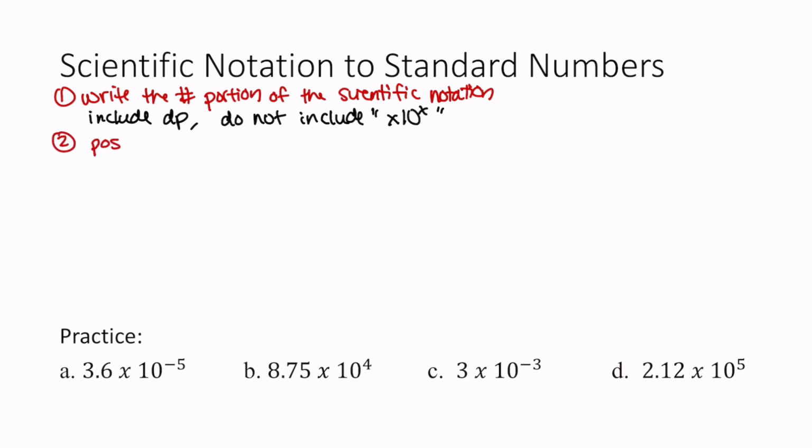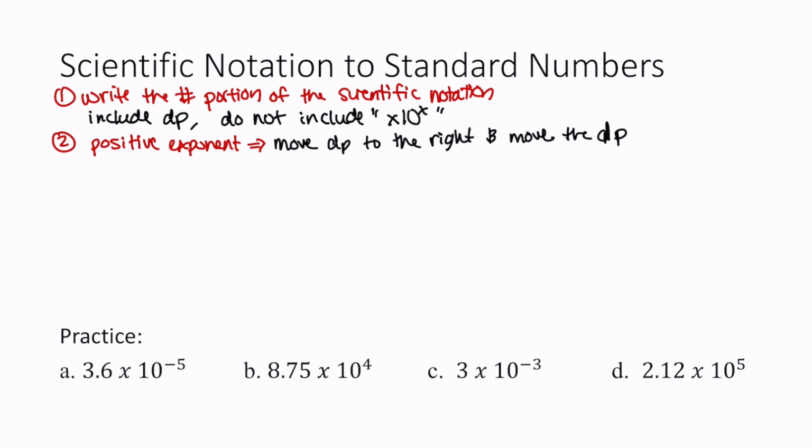If you have a positive exponent, you're going to move the decimal point to the right, and you're going to move it a number of spaces indicated by the exponent.